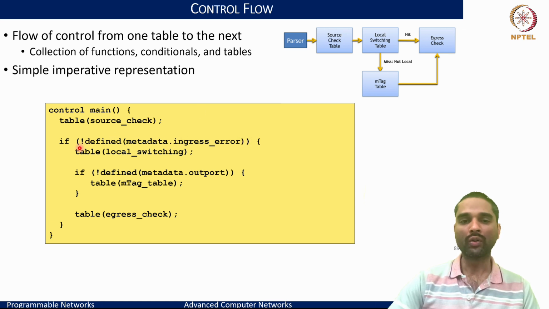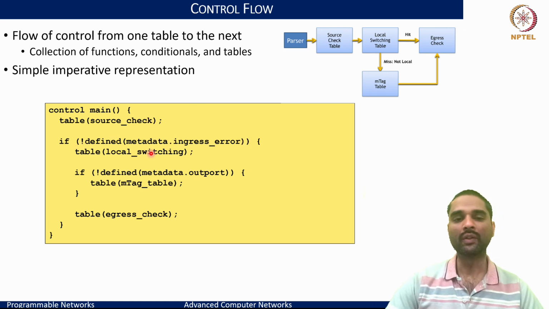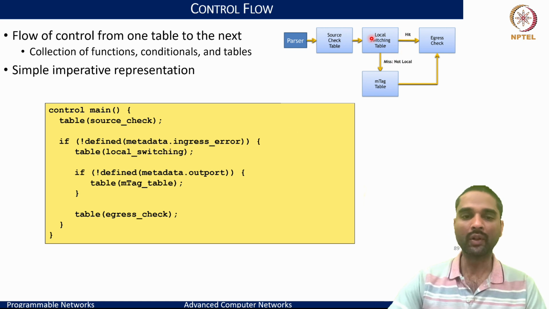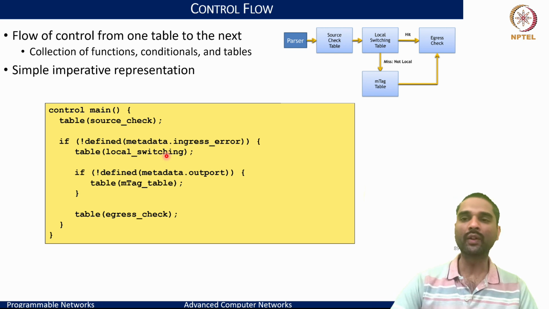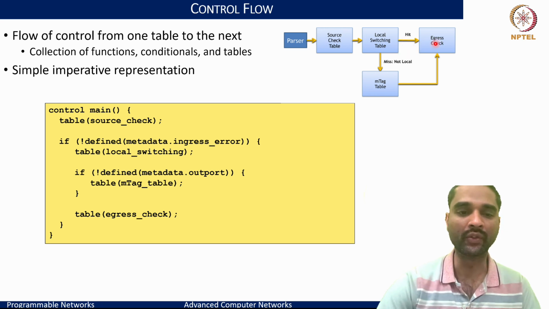Then we would want to see the local switching table to take it further. And in the local switching, if there is a miss, then we know that there is no defined output port. And if there is a hit, there would be an output port that is configured and it would take the egress.